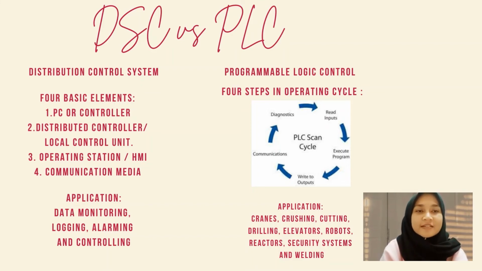It is applied in data monitoring, logging, alarming, and controlling. Meanwhile, the PLC has four steps: operating cycle, first input, then program, output, and lastly communication and diagnosis. It is applied in trends, crushing, cutting, drilling, reactor, and welding operations.